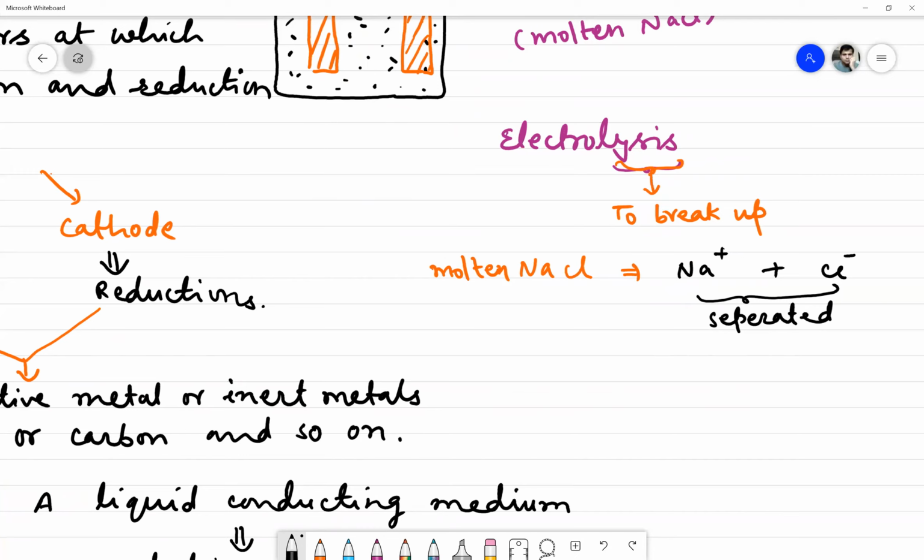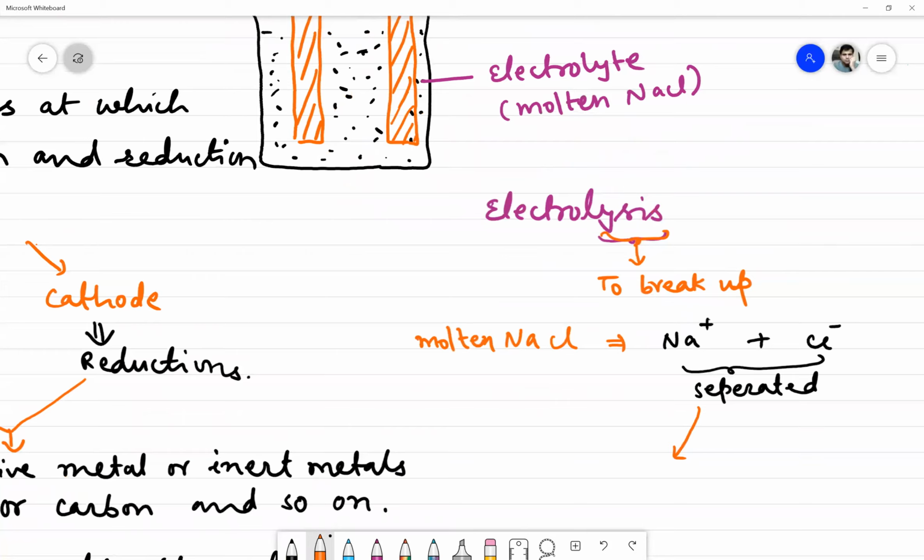So what does it mean? That sodium ions migrate towards the negative electrode, that is the cathode.